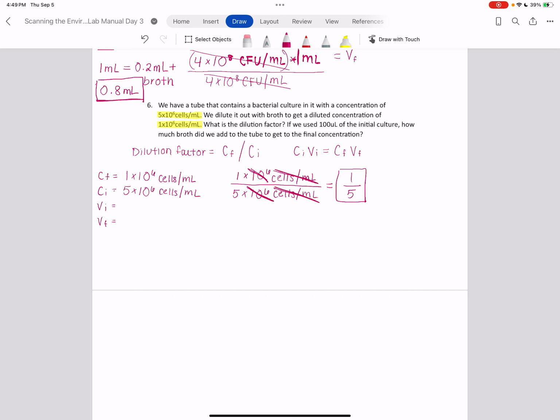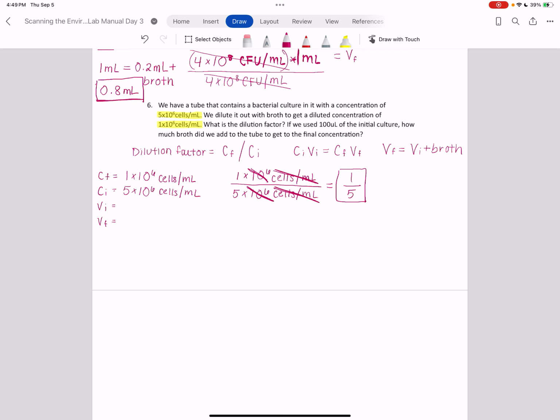So we have to add a number of different equations here, and I will actually add one more equation, which is that same one we used last time, that VF equals VI plus broth. So now we can look at our VI and VF and figure out what we're solving for.